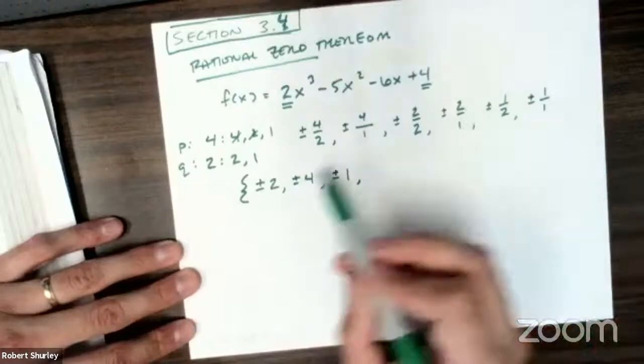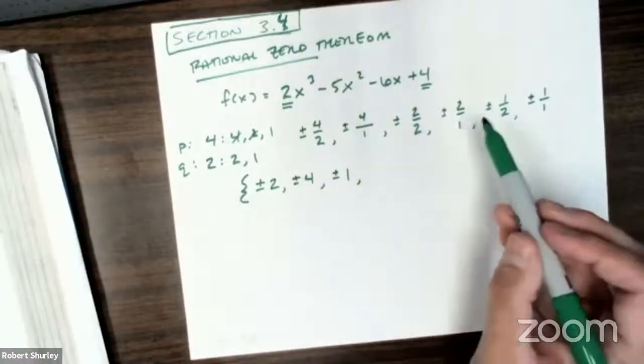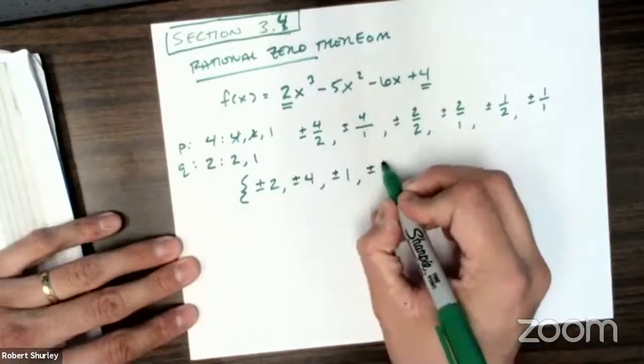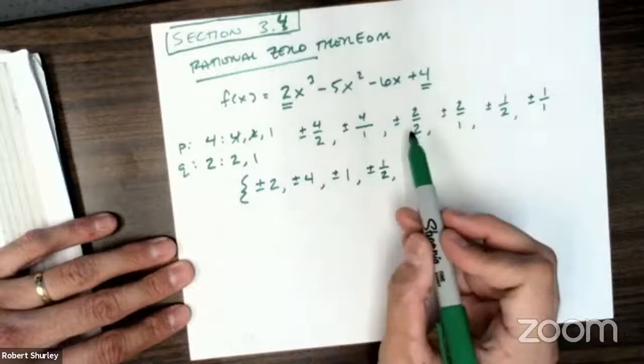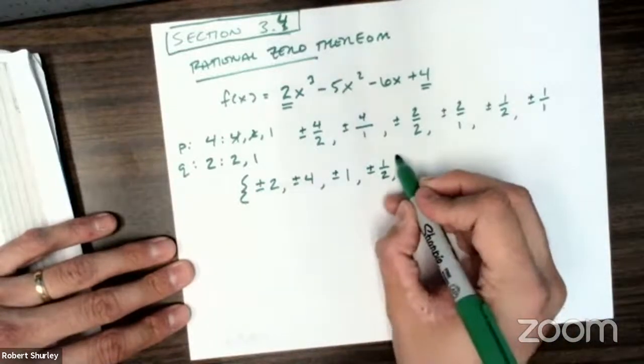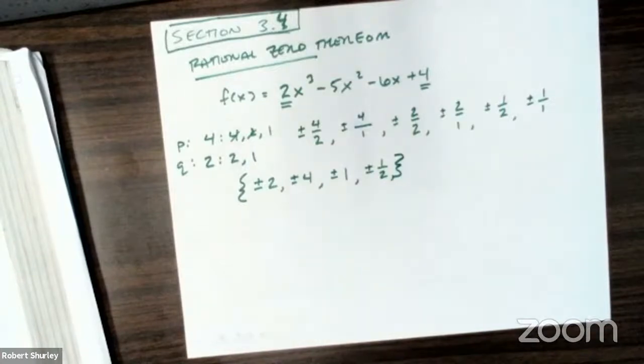Now 2 divided by 1 is 2, and it's already in my group, so I don't have to repeat it. Then I go to plus or minus 1/2. And 1 is already in my group because it was 2 divided by 2. So that's it. These are all of my potential rational zeros, okay?